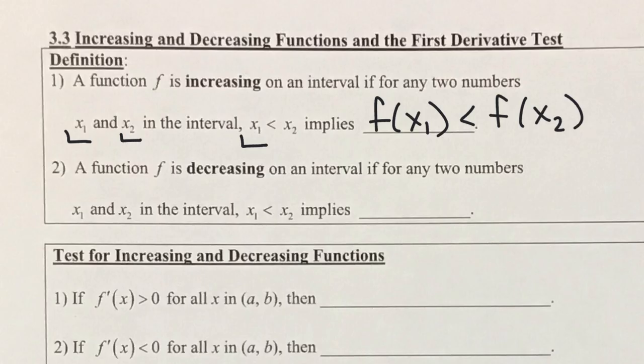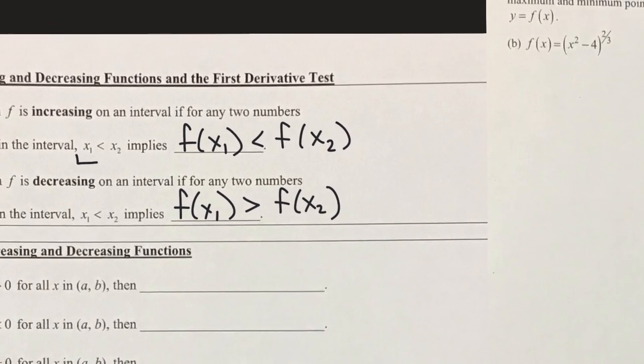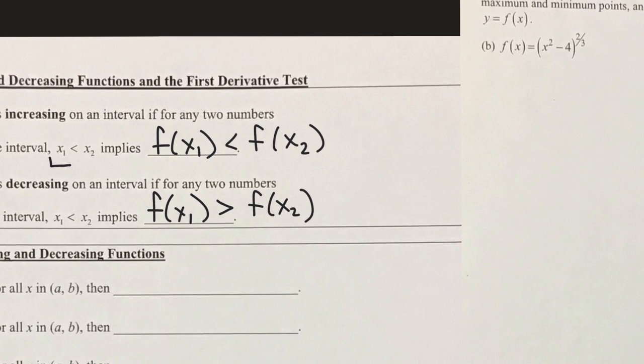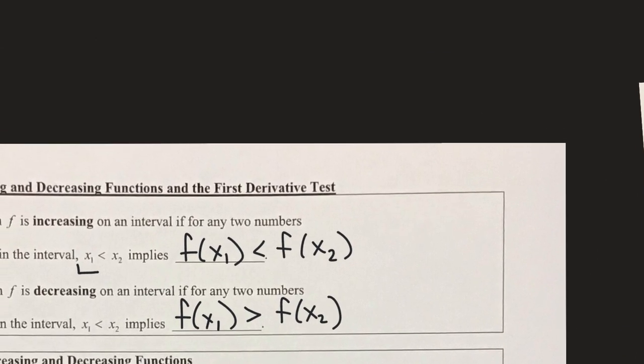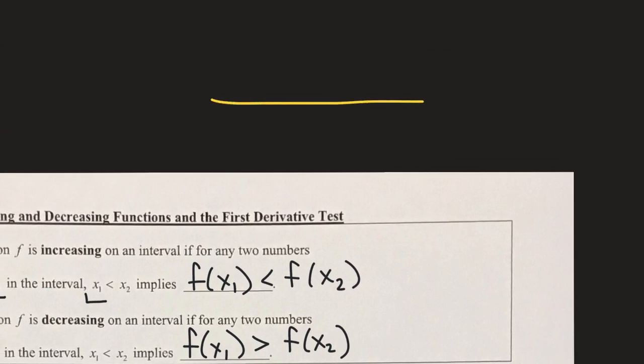And if it's the other way, if it's decreasing, that means that your first value is greater than your second value. Okay, so we can probably see this really easily if we look at a graph. So here's a nice graph. There's your x-axis and your y-axis. If we have some x1 value here and some x2 value, if this y value is less than that y value, then our function is increasing on that interval.